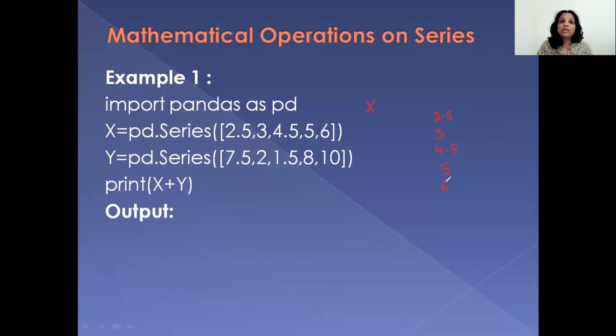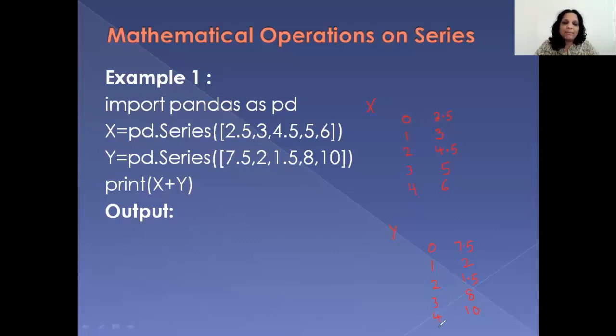And since no index labeling is given, it's going to take the positional index, and that's how your X is going to look, correct? Coming to Y, the elements of Y are 7.5, 2, 1.5, 8, and 10. And again, since no index is given, it's going to take the positional index, which is 0, 1, 2, 3, and 4.